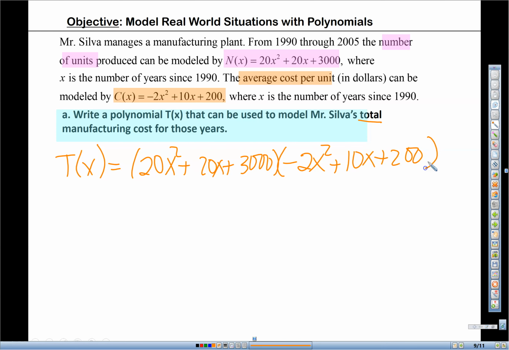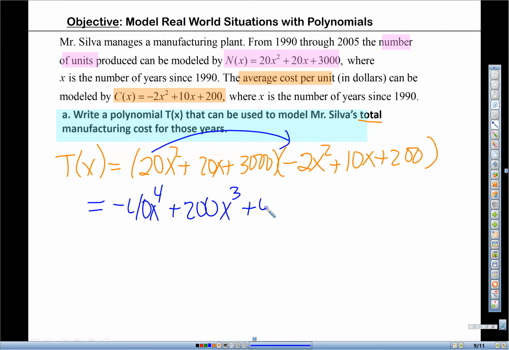All right, so here I'm going to first distribute the way I've written it, my 20x squared. That's going to give me negative 40x to the fourth, 2 plus 2, shame on me, be careful, you can do it too. Then we're going to get a 200x cubed, and then the 20 times the 200 is going to be a 4 with 3 zeros, so 4,000x squared.